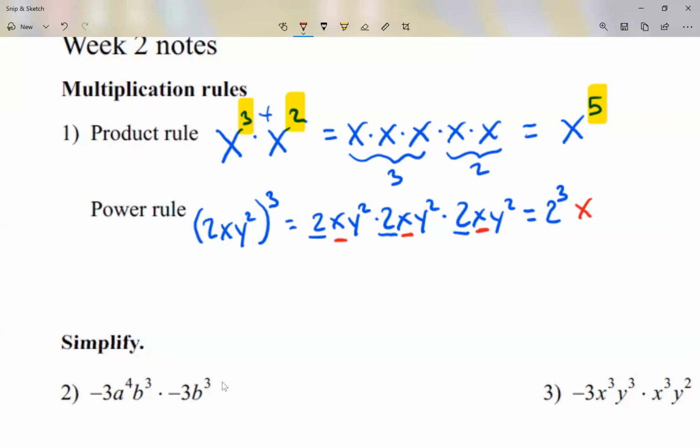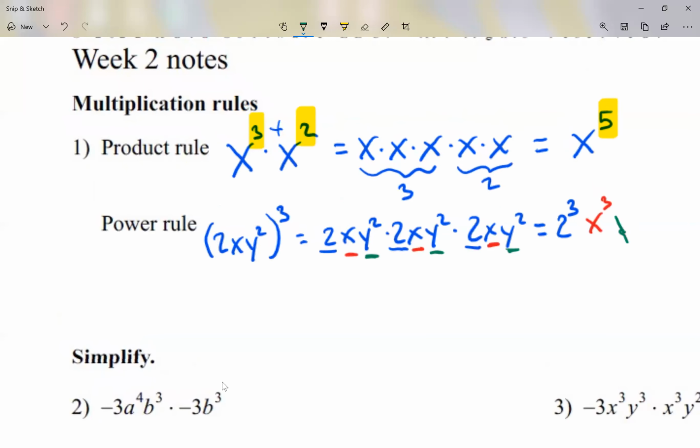Technically, I have x to the third. I have x 3 times. And then I take a look at the y's. There's y to the second, y to the second, y to the second. And I just learned in the product rule that I'm just going to add the exponents. So that's going to give me y to the 6th.